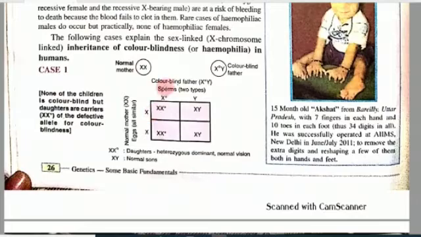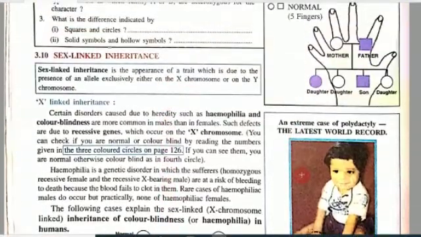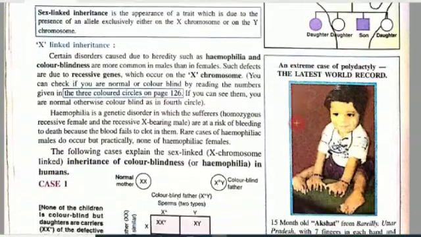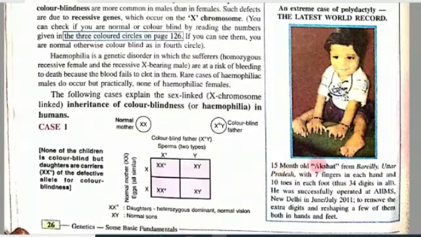Here is given an extreme case of polydactyly. So what is polydactyly? Normally our hands and legs, 4 limbs, consist of 20 digits, but this 15-month-old child has 34 digits.